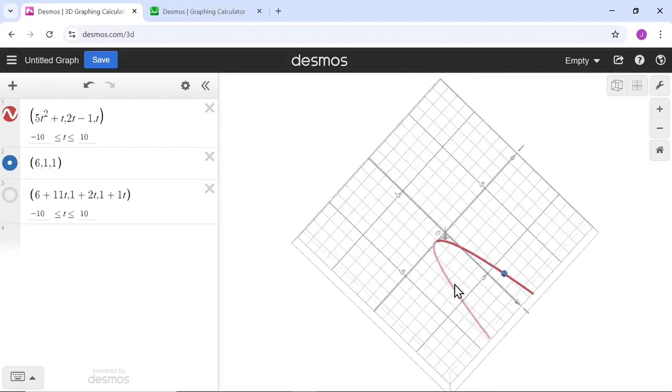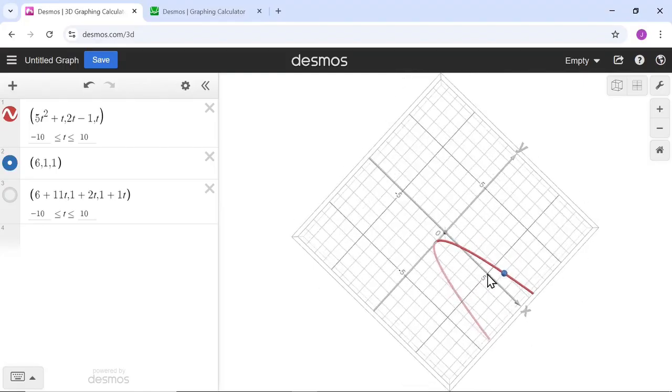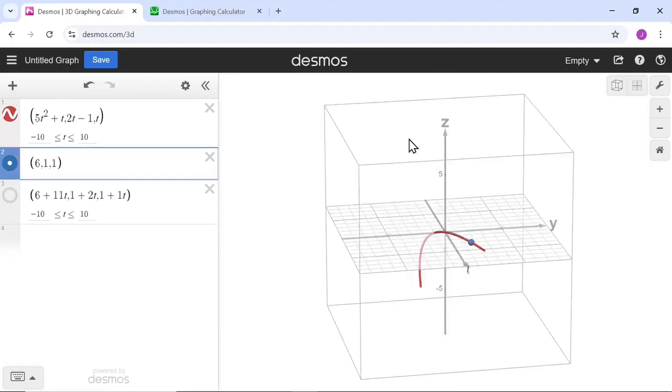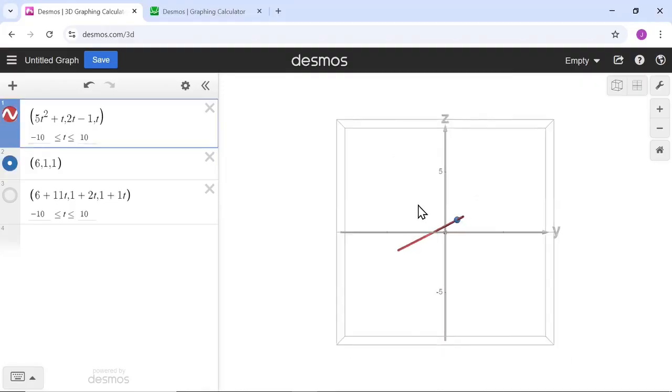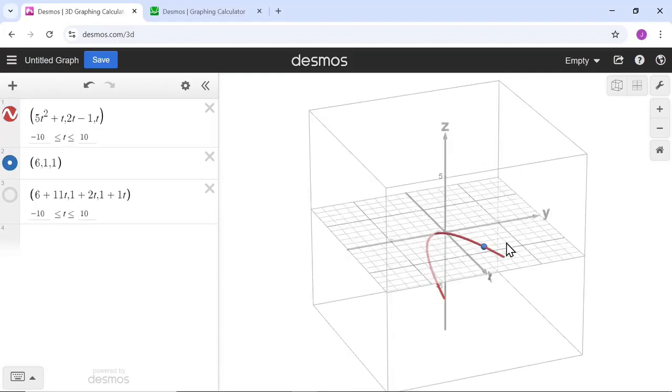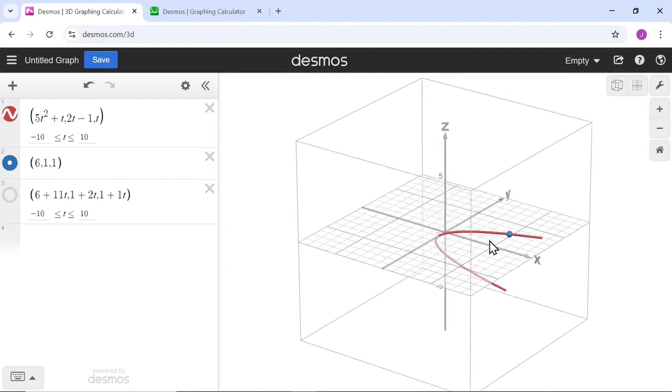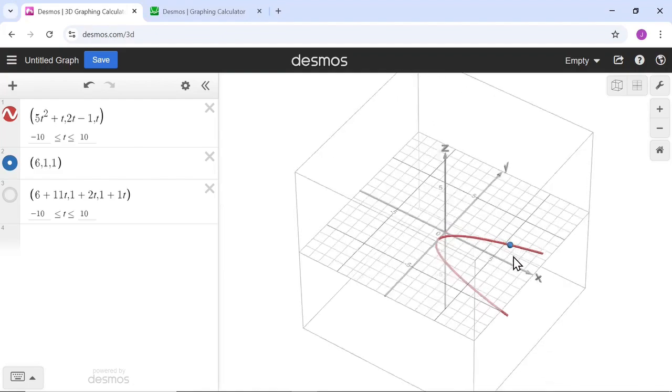So if you're looking down on it, looks like 6 in the x direction, 1 in the y direction. And then it looks like 1 up in the z direction. So it's that point there. Obviously, in this graphing system of Desmos, it makes it a really big point so you can see it.